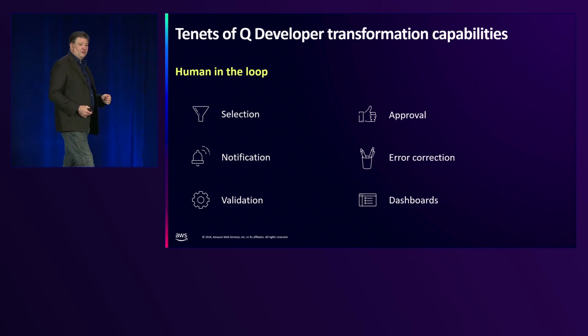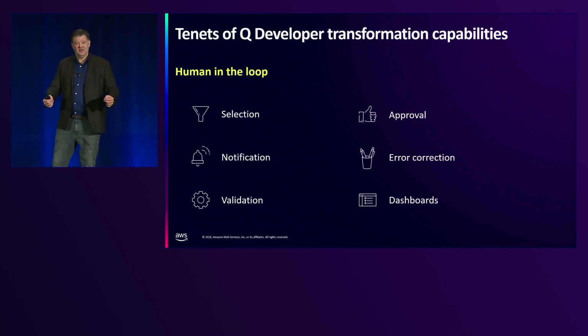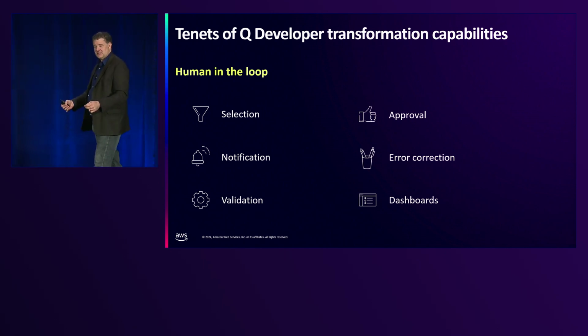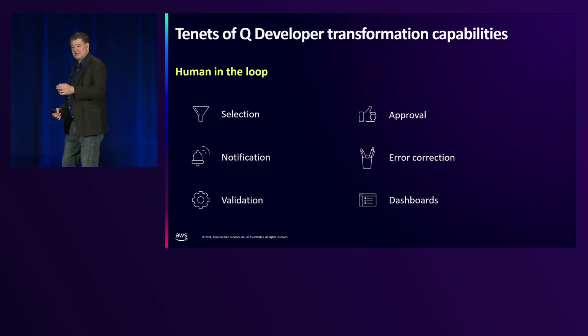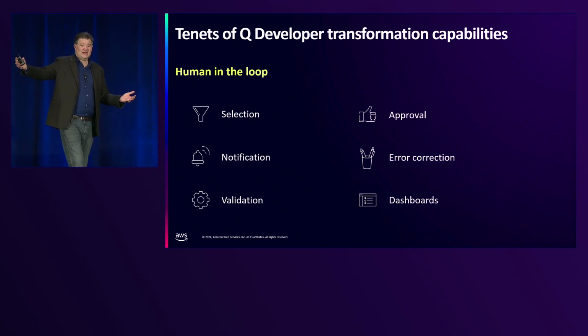Approval is another really important one. Anytime we're about to take an action that is going to cost you money, or an action that is going to be hard to unwind, we want to get someone with authority to approve that step. So if I'm about to shift a wave's worth of VPCs to the cloud, I'm about to spin up some VPCs, I want you to say yes, that's a good idea to do right now.